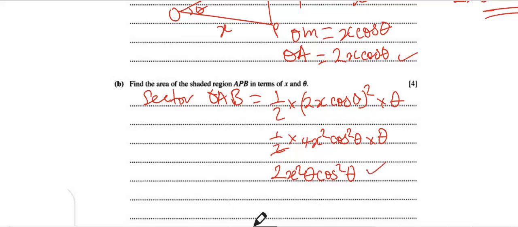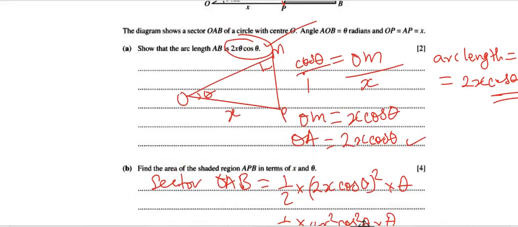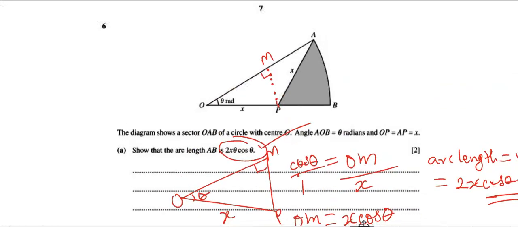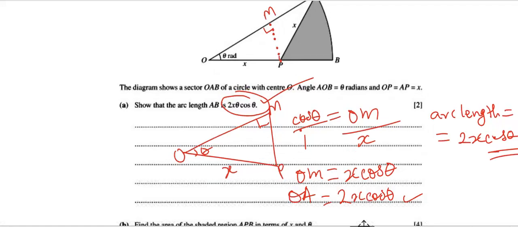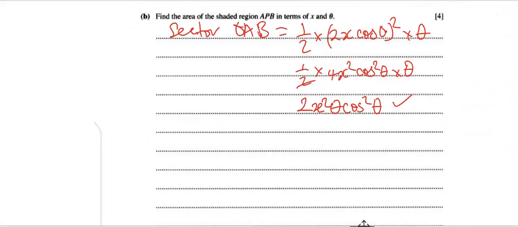So now we can look at triangle OAP. We are going to also use the area of a triangle formula.